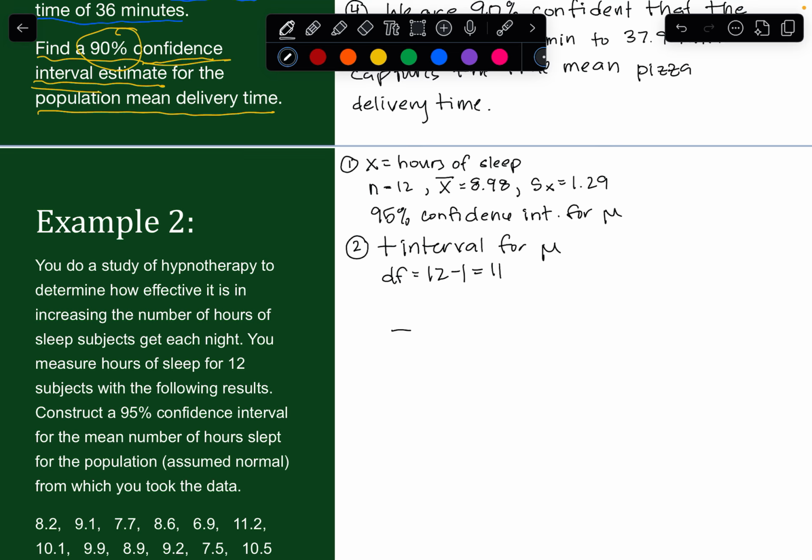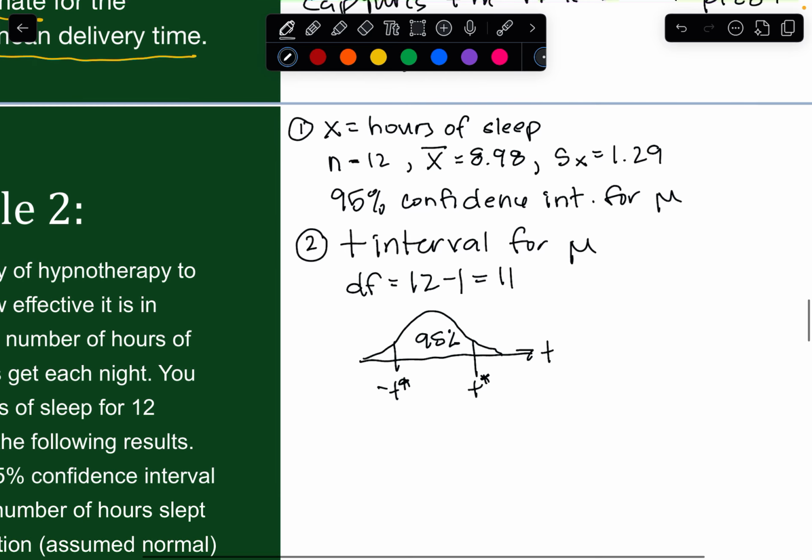We're going to draw our picture really quick. I'm sorry, my hand is so shaky. We put our 95% in the middle. We have our negative critical value and our positive critical value. I'm going to zoom in a little bit.